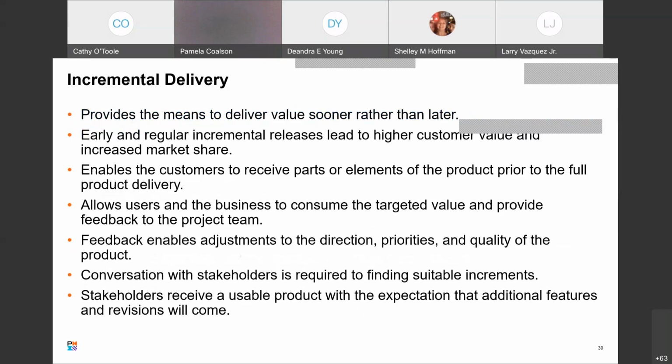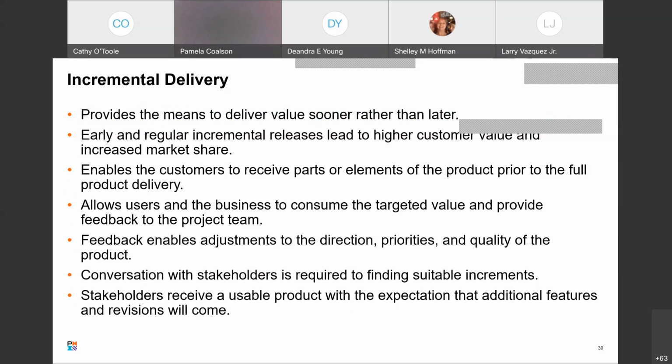Okay, another term that we need to talk about is incremental delivery. Incremental delivery means that you can deliver value sooner rather than later. So there's early and regular incremental releases that lead to higher customer value and increased market share. It enables the customer to receive parts or elements of the product prior to the full product delivery.